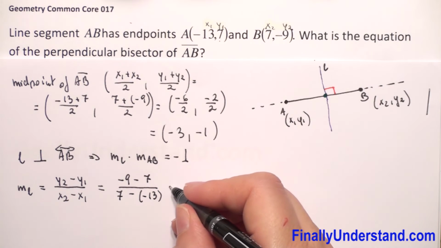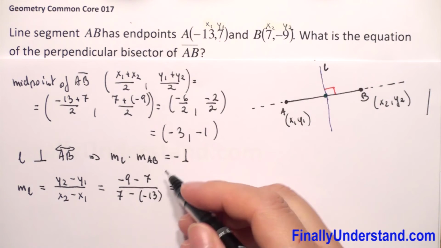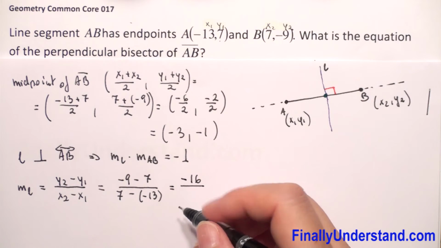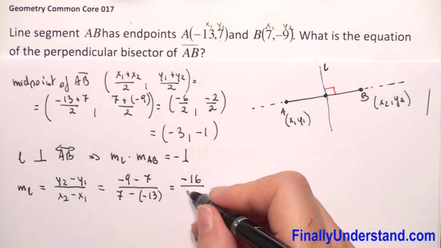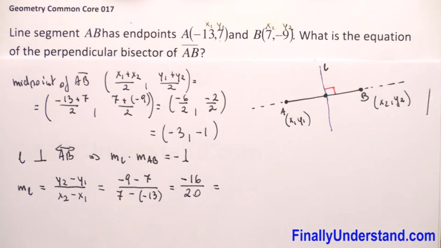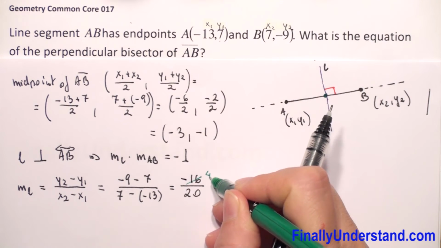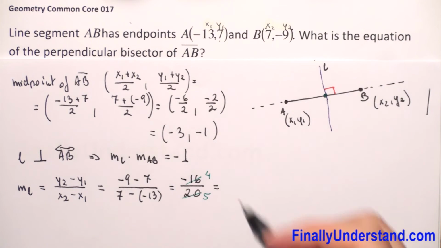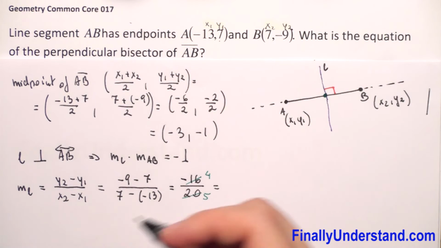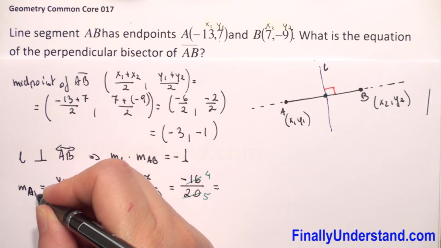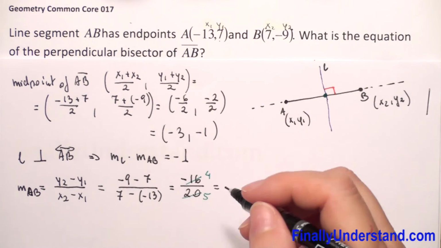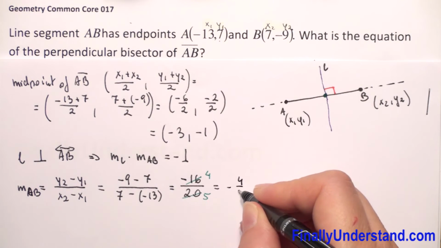So we have to write in parentheses. So we have negative 9 minus 7, so this is negative 16 over 7 minus negative 13, negative and negative give positive, so we have 7 plus 13, so this is 20. Now we can reduce by 4, 20 divided by 4 is 5. We calculate the slope of line AB as negative 4 over 5.